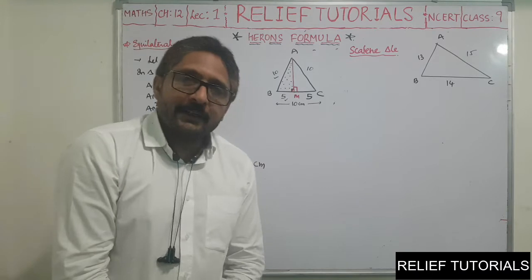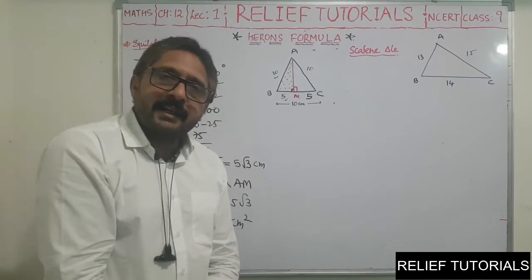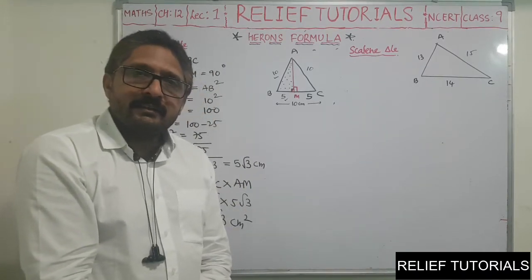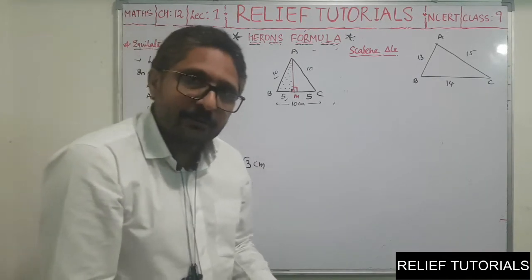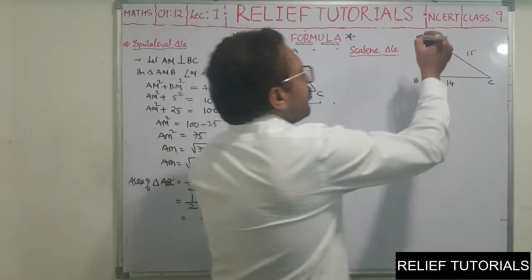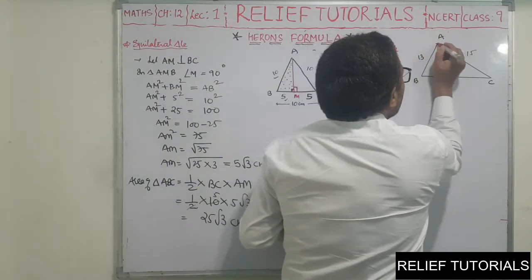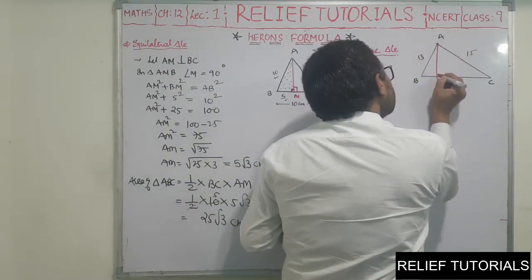So now what we have to find out, as we have seen in the equilateral triangle and isosceles triangle, we found the altitude. So we'll try here also to find the altitude. Now from vertex A, I will draw a perpendicular on BC.